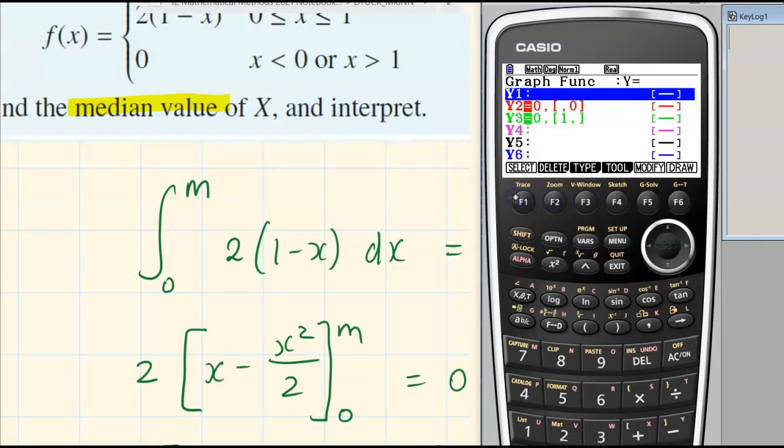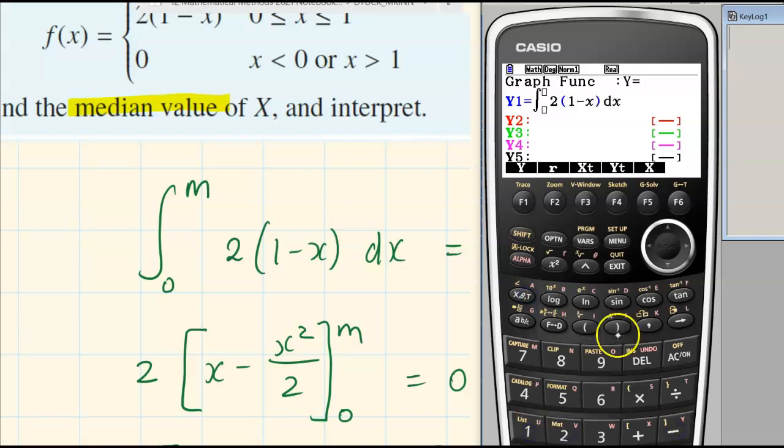Let's just delete these functions. And you put in the integral function, so you need to press options, calculate the integral of 2 brackets, 1 take x, close brackets, between 0, and instead of writing m up there, you just put x.